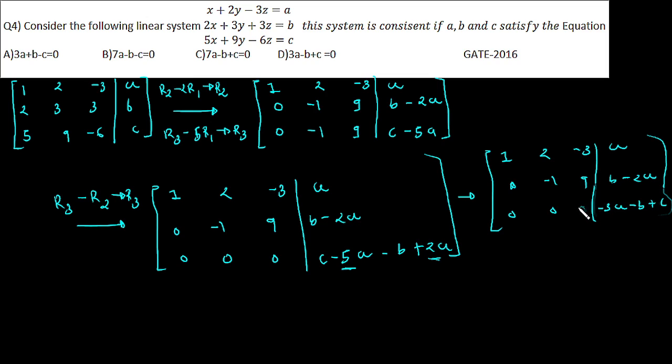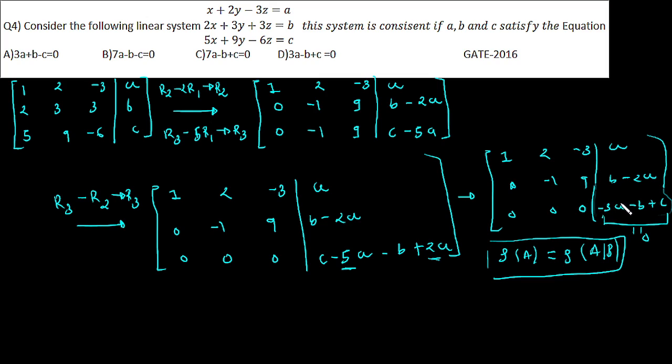So now if this system is consistent, then we can say that the rank of this matrix A will be exactly the same as the rank of the augmented matrix as a whole. So if this last entry is 0, then this condition will be satisfied.